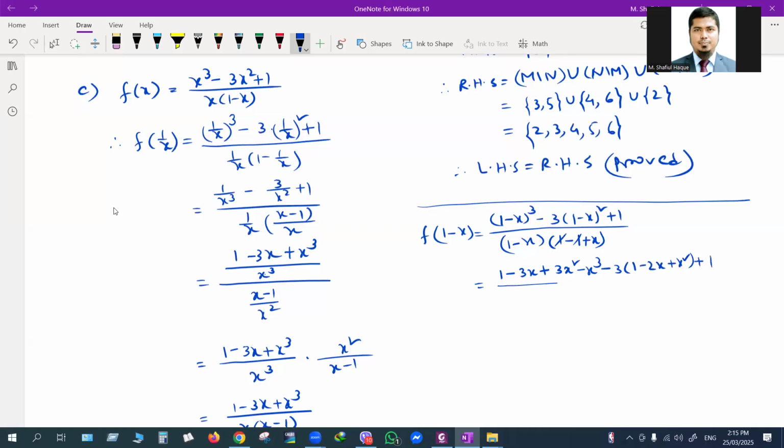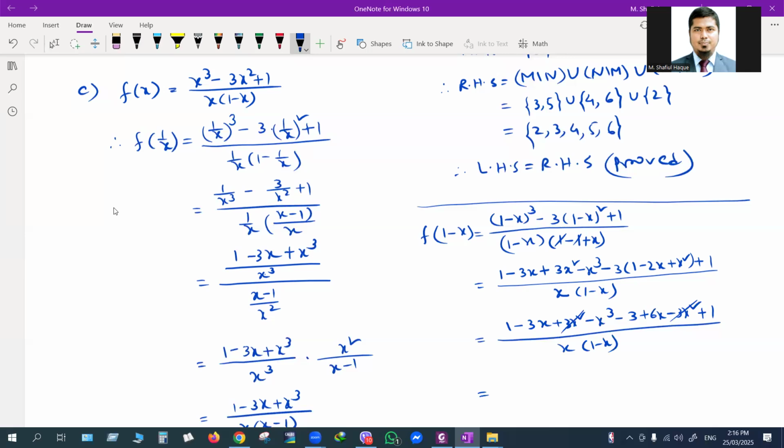In the numerator: 1 minus 3x plus 3x squared minus x cubed minus 3, minus 3 into minus 2x that is plus 6x, minus 3x squared plus 1. Minus 3x squared and plus 3x squared will be cancelled. The denominator is x into 1 minus x.